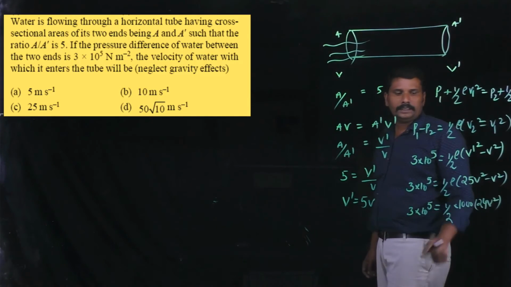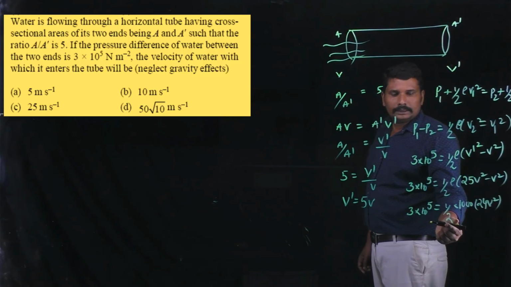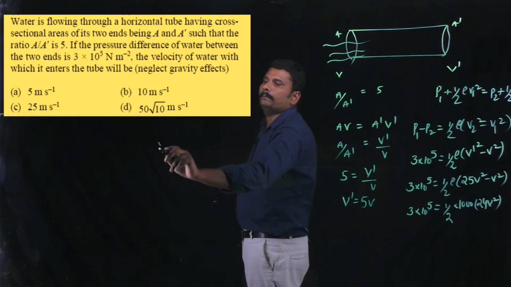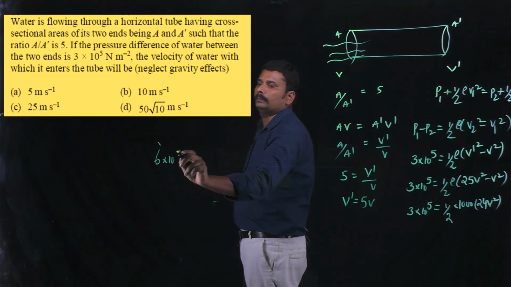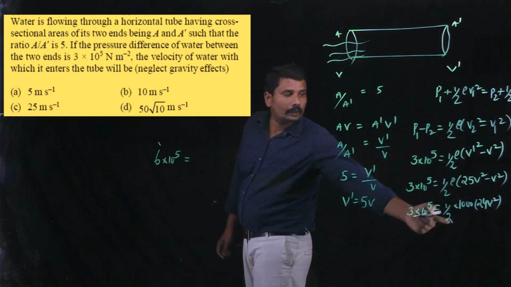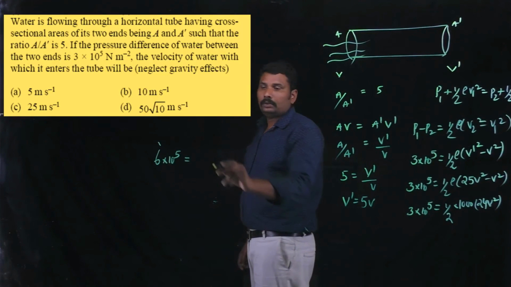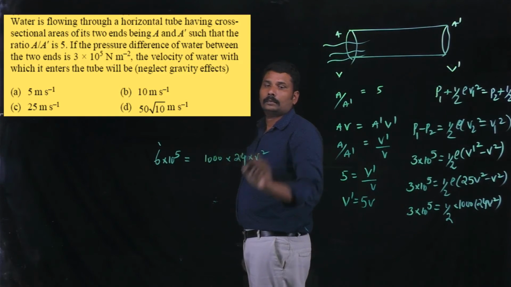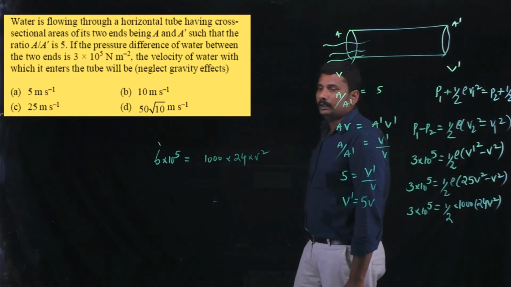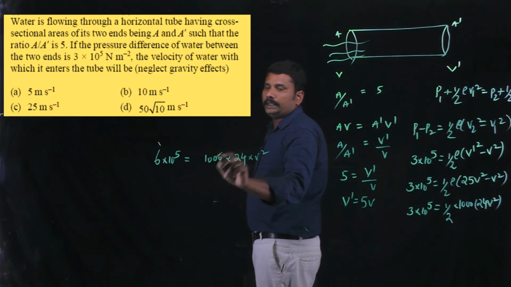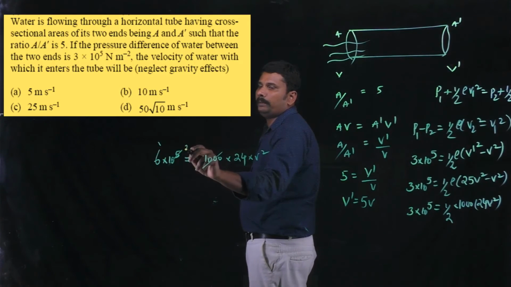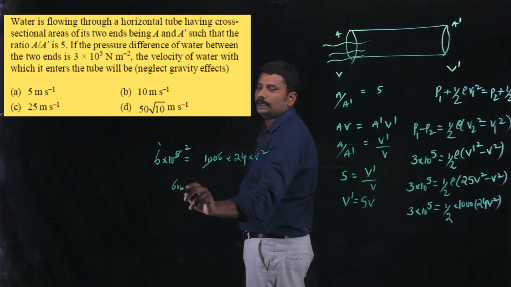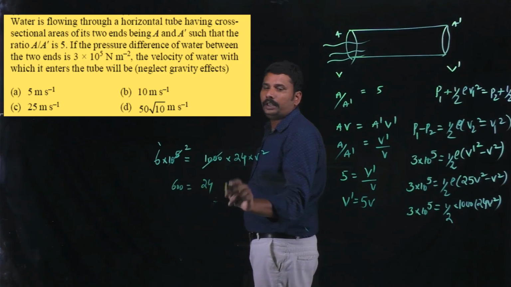By solving this, 6 into 10 power 5 equals 1000 into 24 into V square. It is 10 cube, cancelling 10 power 5 by 10 square times. Now it is 6 into 10 square, 600 equals 24 V square.